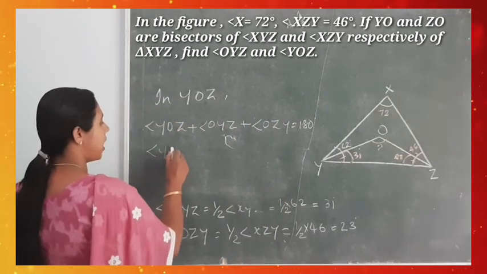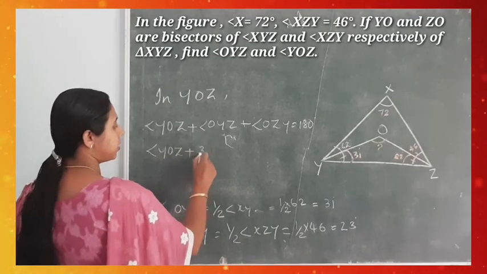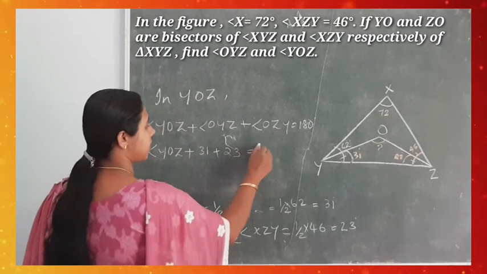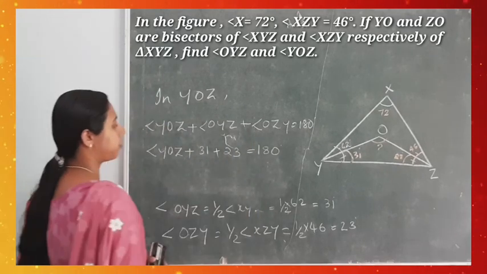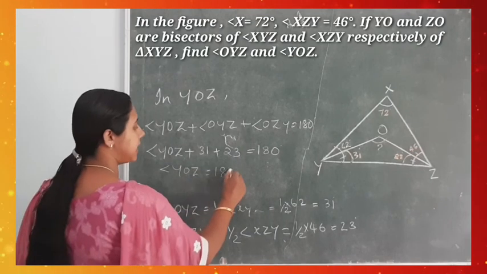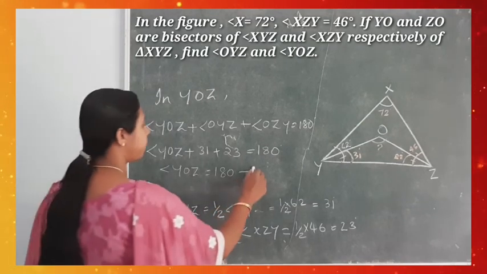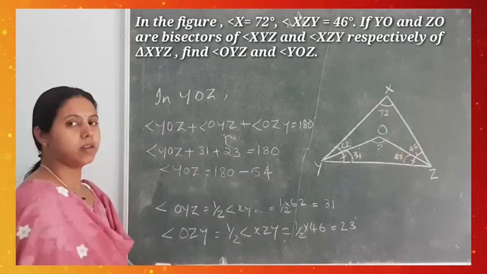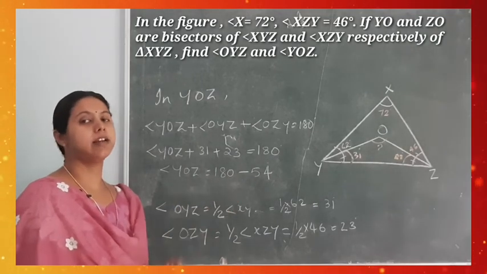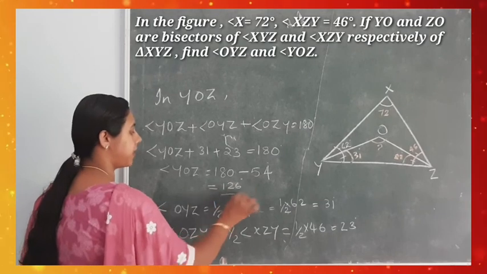Therefore, angle YOZ plus OYZ equal to 31 plus OZY equal to 23 is equal to 180. So angle YOZ equals 180 minus 31 plus 23, which is equal to 54. So angle YOZ equals 180 minus 54, which is equal to 126 degrees.